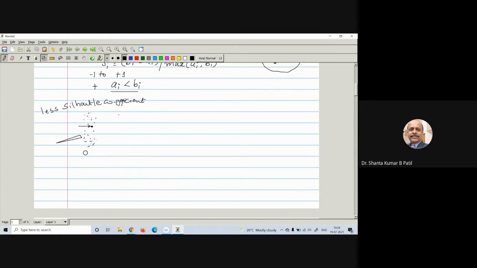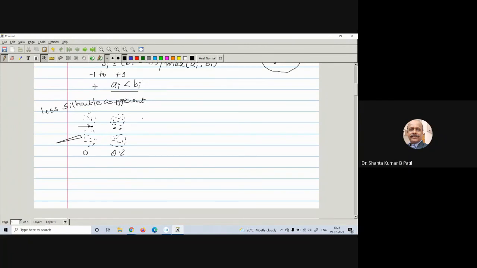If you are increasing the dark points, I am going to increase the dark points now. Again I will take 2 here. So 2 dark points I am taking. Slowly the Silhouette coefficient is going to increase. The Silhouette coefficient for this is 2. If only 1 is there, as I told, it has a less Silhouette coefficient.